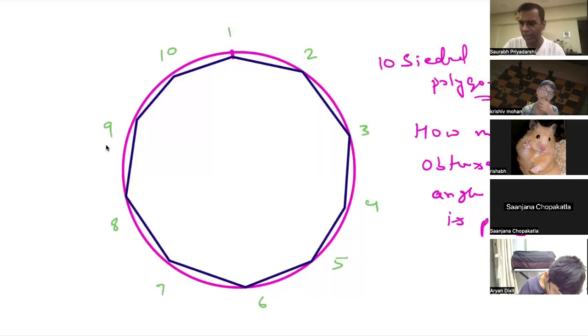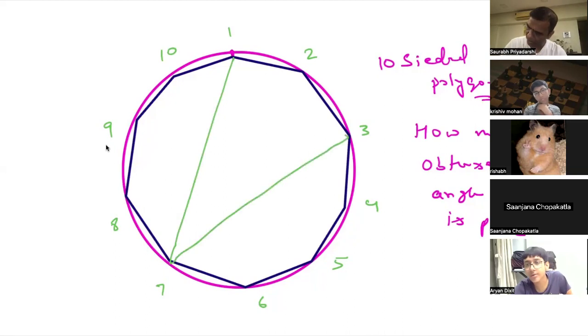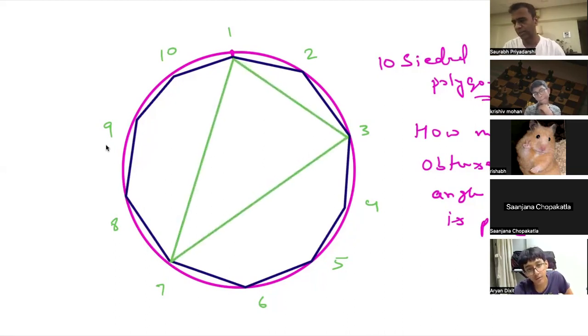Vertex only. Otherwise it will go to infinity, no? If you take any of the points, it will directly go to infinite triangles. So see, this is the situation, and this is one of the triangles, but we don't require this one.